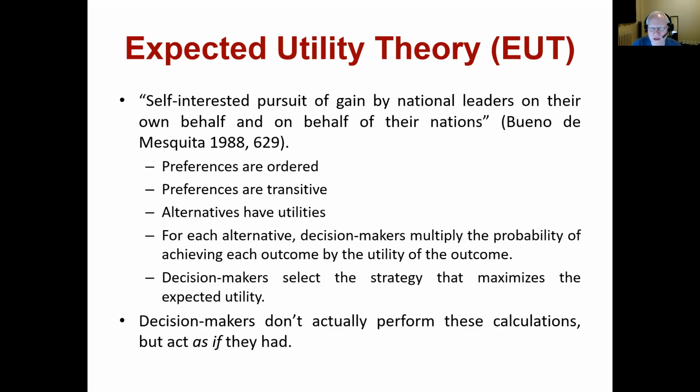Or for the $45 option, the probability is 1 and the outcome is 45, so 45, right?